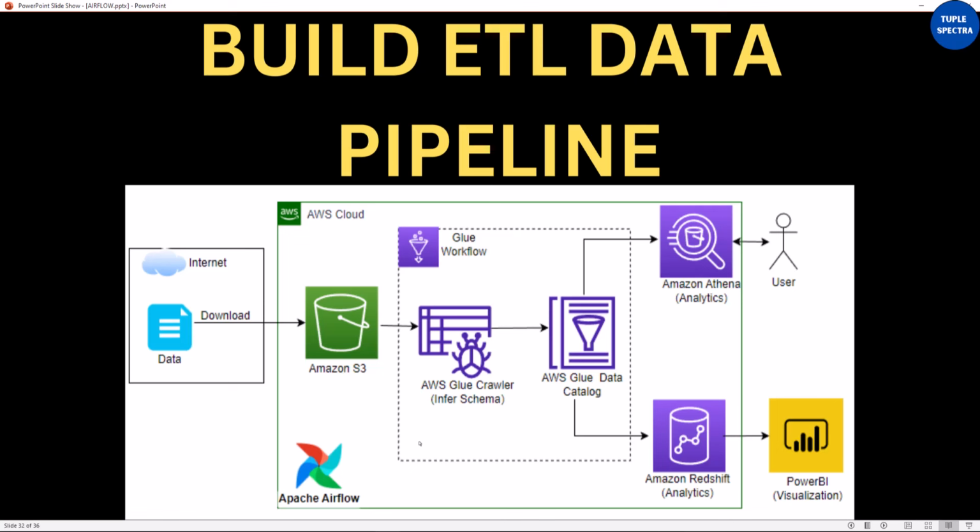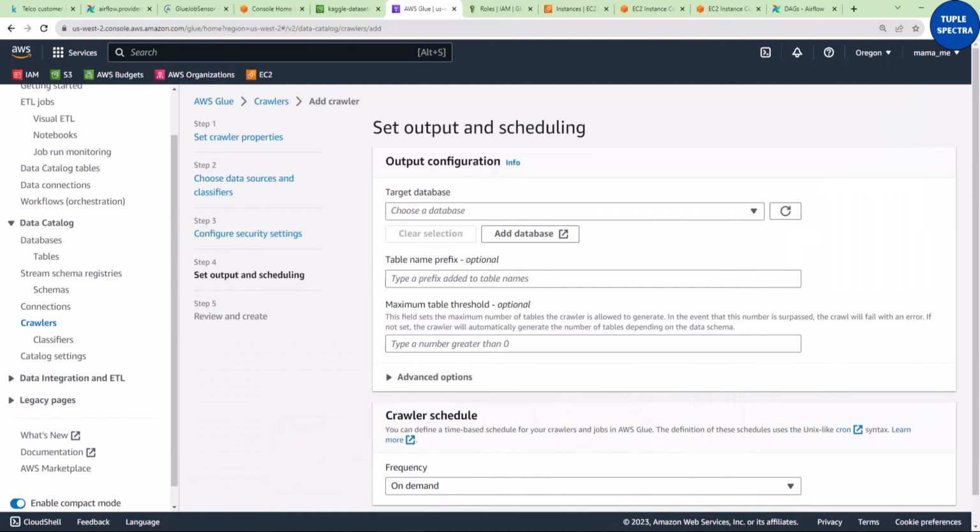Basically, it's going to create a database first and then a table for you, so that your data inside your Amazon S3 bucket can be temporarily stored inside a database. That is what this is doing. So AWS Glue is basically creating a database and a table on top of the data you have in your S3 bucket.